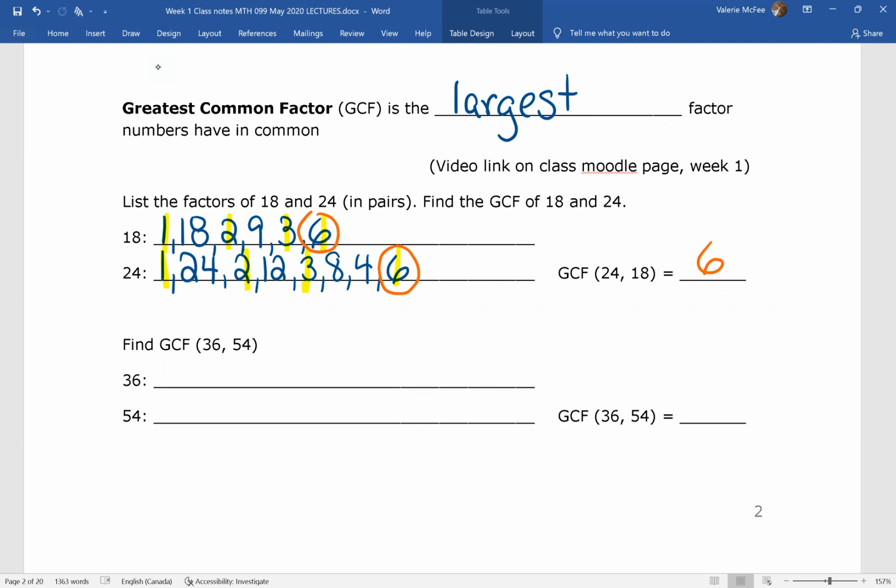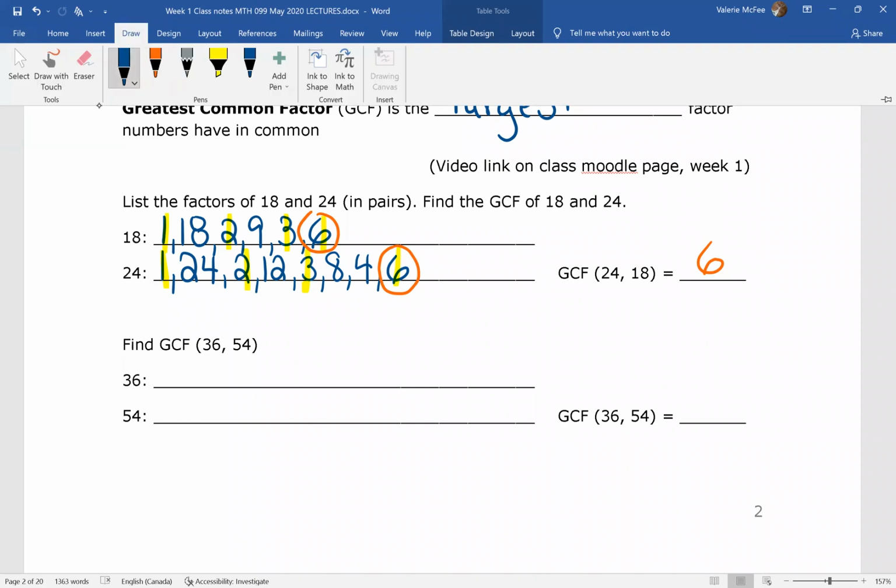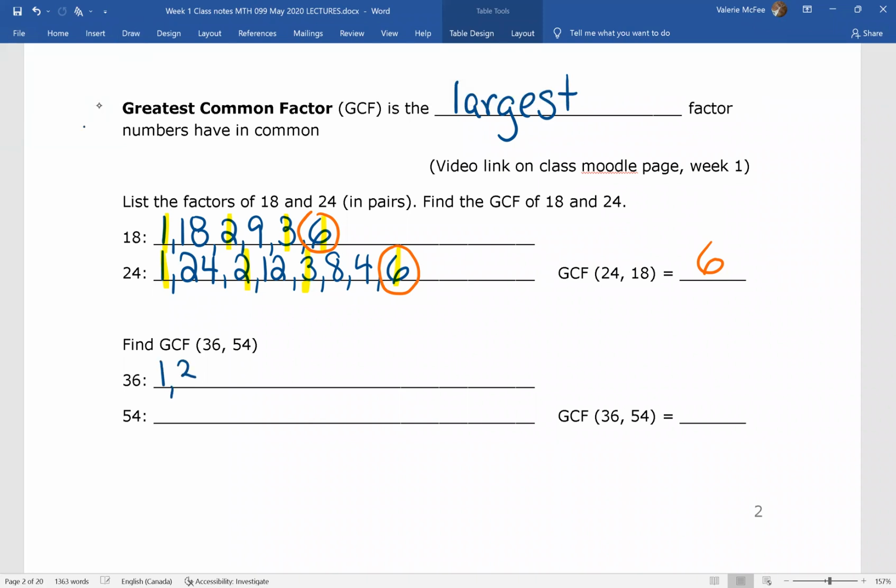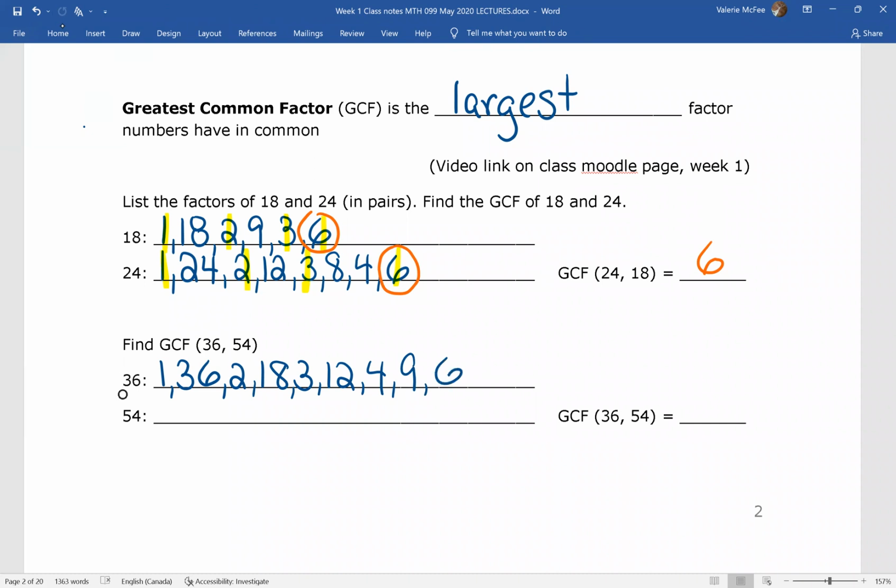I want you to pause the video, list the factors of 36 and 54, and find their greatest common factor. Remember, did you remember 54, 5 plus 4 is 9.